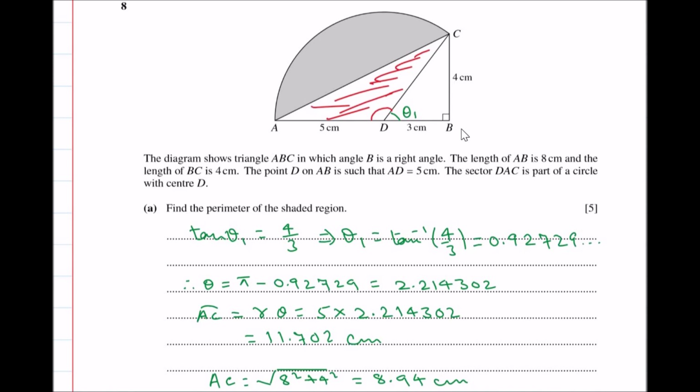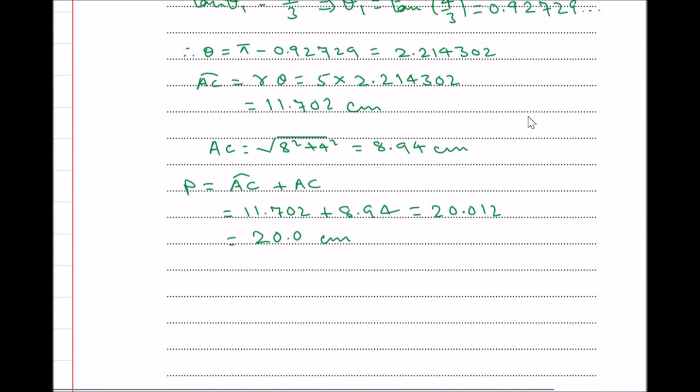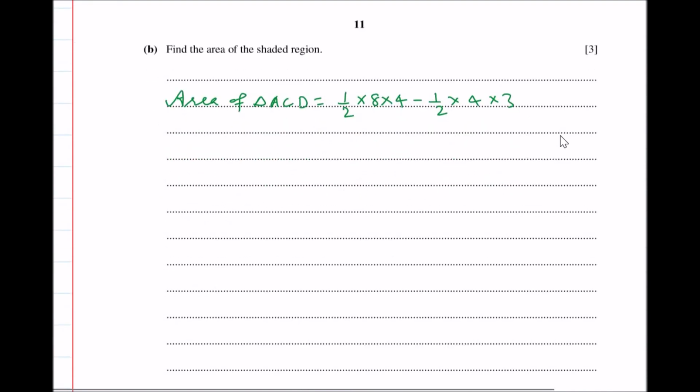Bigger right angle triangle, means area of triangle ABC minus area of triangle BCD. So we are subtracting, that will give us the area of that triangle. So this gives us 16 minus 6, that is equal to 10 centimeter square.